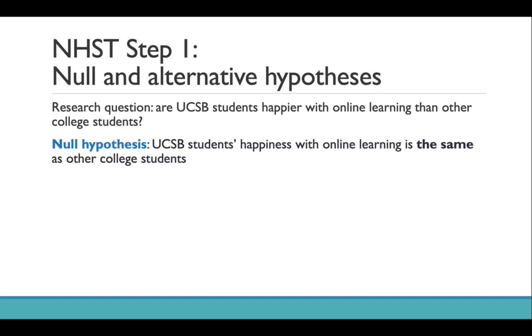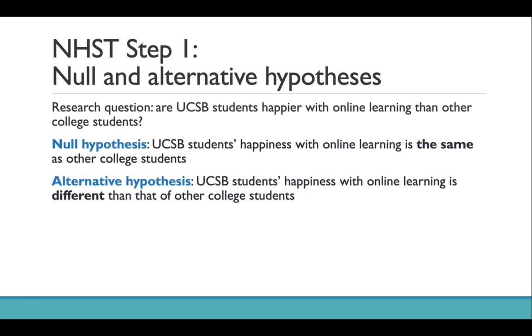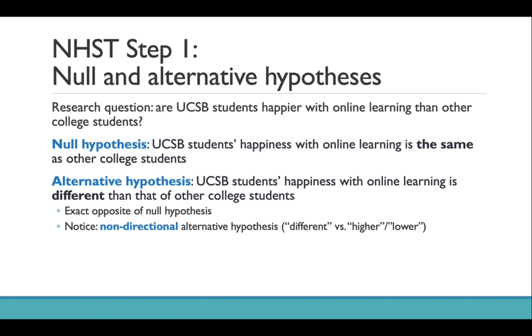Once we've identified our null hypothesis, our alternative hypothesis will simply be the exact opposite of the null. So in this case, our alternative hypothesis is that UCSB students' happiness with online learning is different than that of other college students. Notice that this is a non-directional alternative hypothesis. We didn't specify whether their happiness was higher or lower, we just said that it would be different. We'll return to this idea in a couple slides.